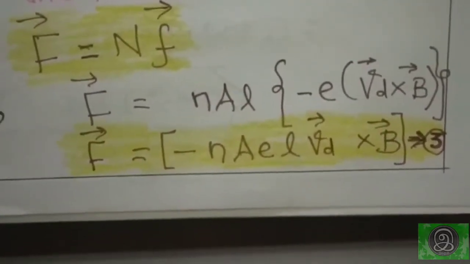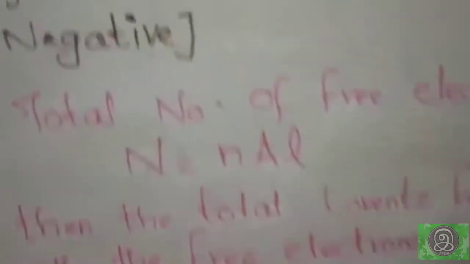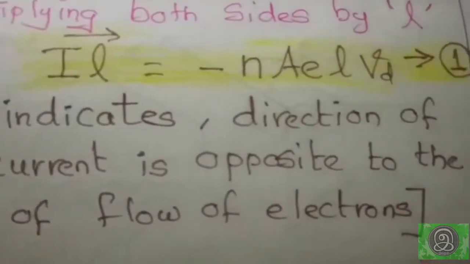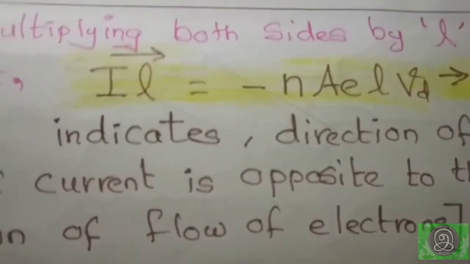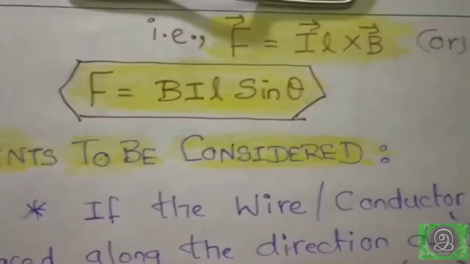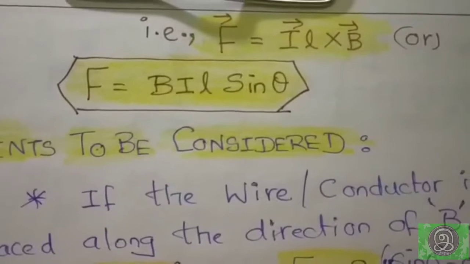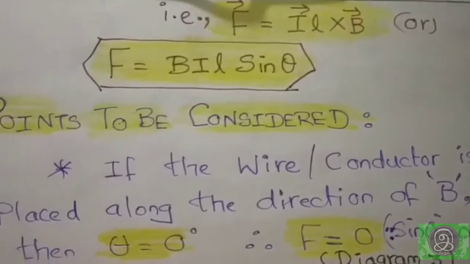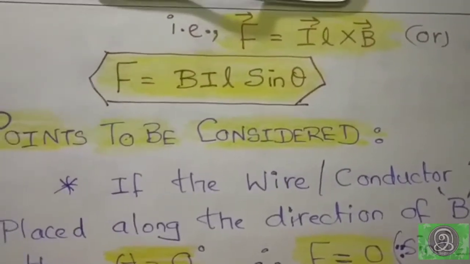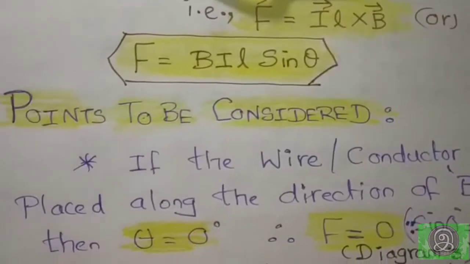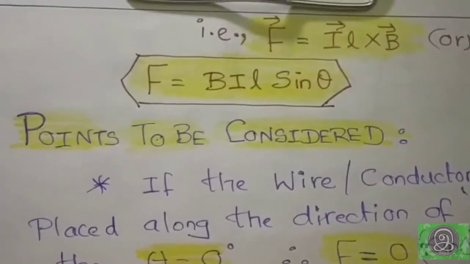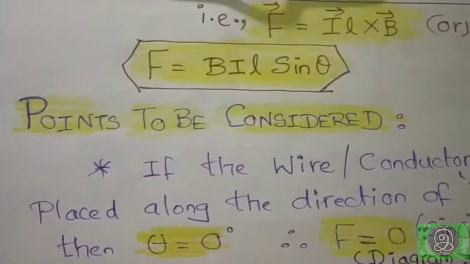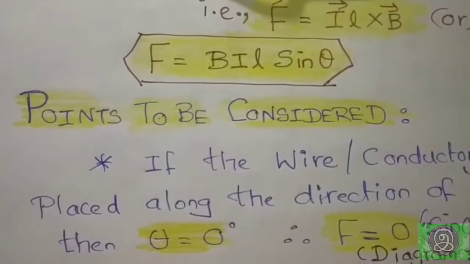Here the minus n A e l v suffix d is nothing but the current element I l vector. So let us substitute the value here. So capital F vector is equal to I l vector cross B vector, or it can also be written as F is equal to B I l sin theta, because according to the vector product of two vectors we get this formula. So this is the mechanical force experienced by a current carrying conductor when it is placed in a magnetic field.